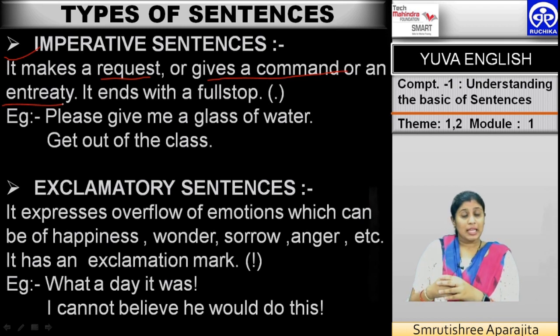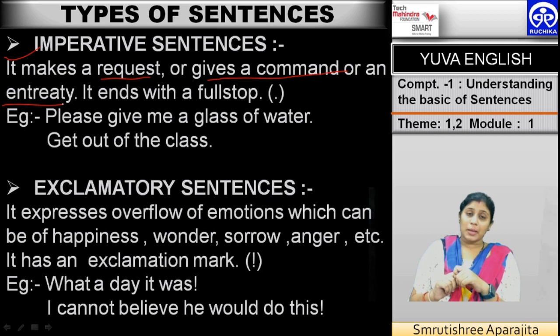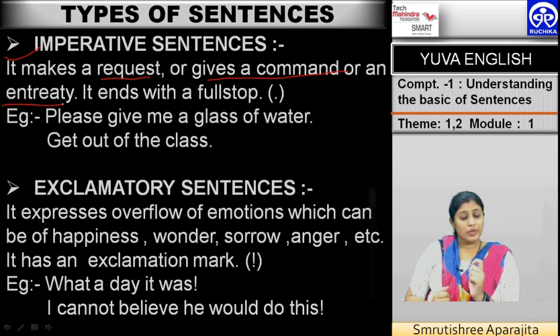I will give that person an order of going out of the office or going out of the room. If I give a command to someone to give me a glass of water, that's a command I'm giving you, fetch me a glass of water. So imperative sentences also end with a full stop. Remember, the imperative sentences end with a full stop.